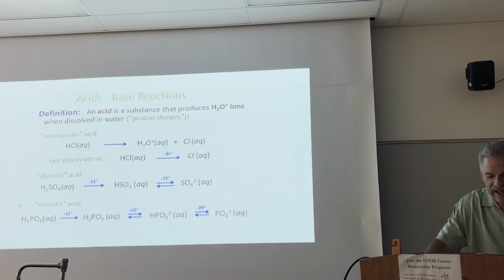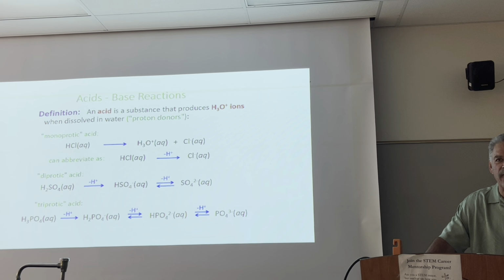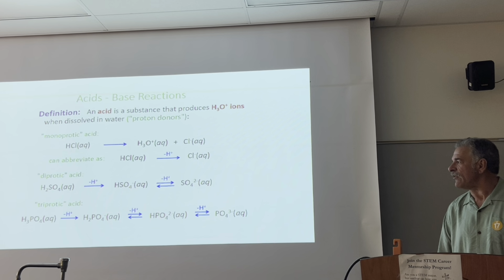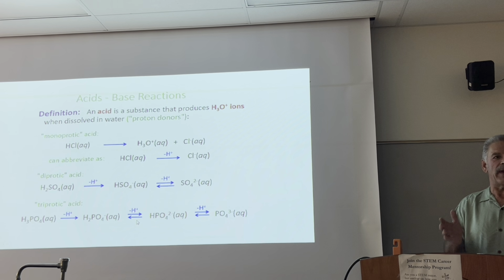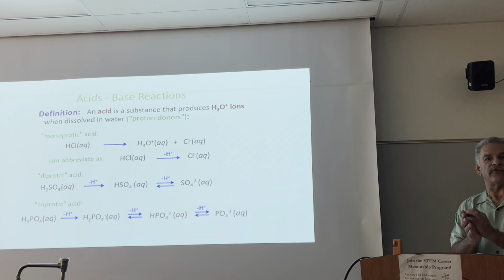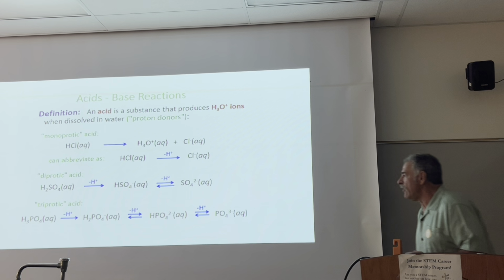So a triprotic acid, H3PO4, phosphoric acid, can lose up to 3 protons. Each one, so this one doesn't completely dissociate, right? You can see it has this arrow going the other direction. That's an equilibrium arrow. That's what we call that when it goes back and forth, dependent on concentration. So equilibrium is dependent on concentration.